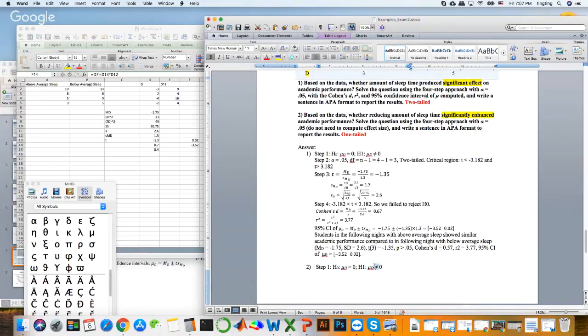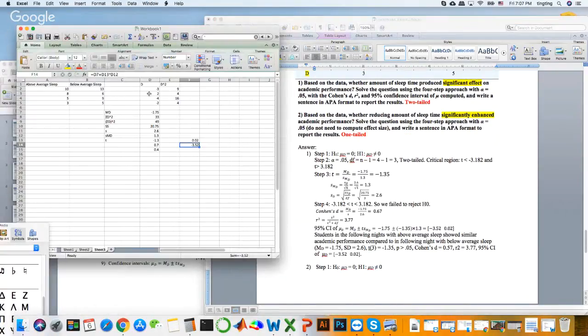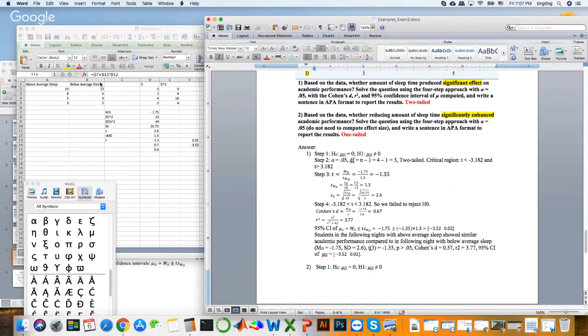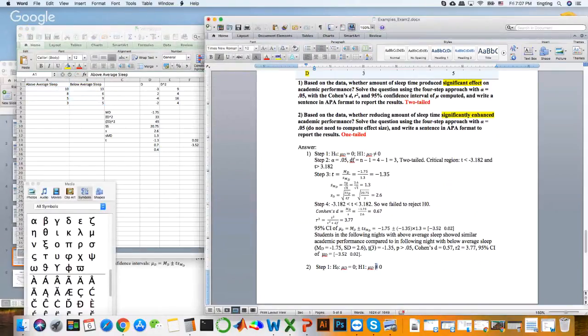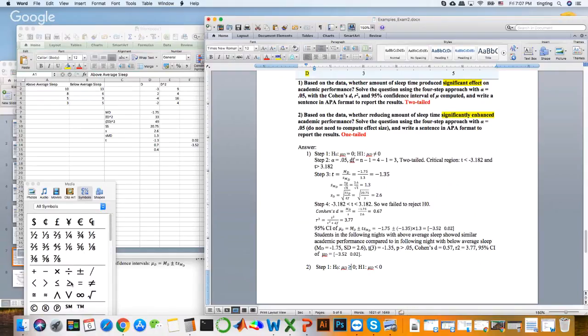That means we assume this group has higher scores than this group. So we predict the difference score was smaller than 0. So the alternative hypothesis is smaller than 0.